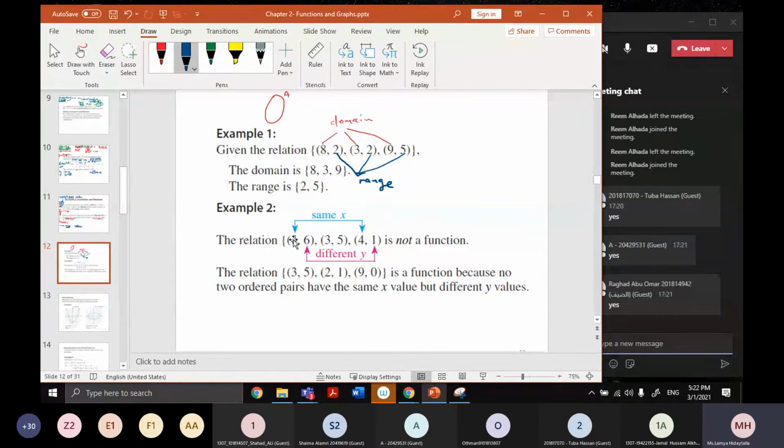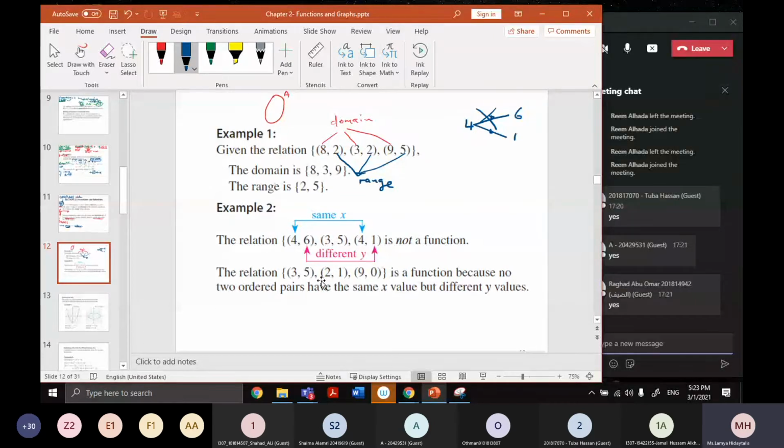Because 4 has more than one image, mapped to two different elements, 4 with the 6 and also with the 1. If you draw it, you will find that two arrows come out, and we said only one arrow should come out of the 4. It should be mapped to only one, a unique element. Here it is mapped to the 6 and the 1, so immediately this is not a function.